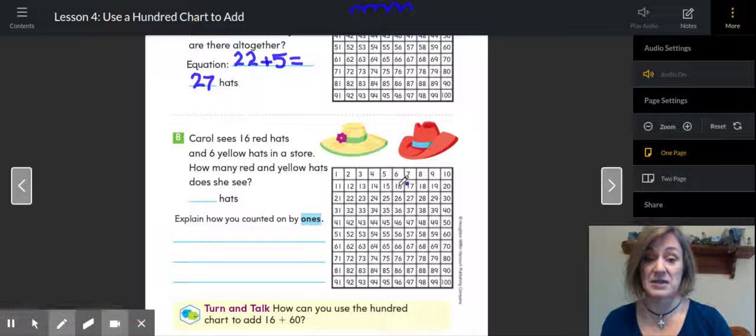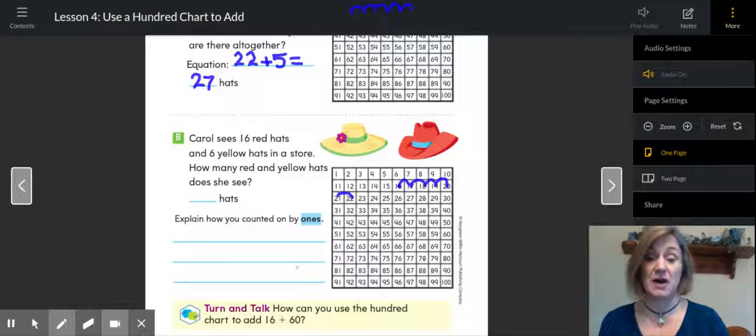Let's start at 16 and let's hop over 1, 2, 3, 4, 5 would take me down to 21, and then 6 to 22. Explain how you counted on by ones. And so in this space, you would write something like, counting by ones, I moved across the number grid, right?